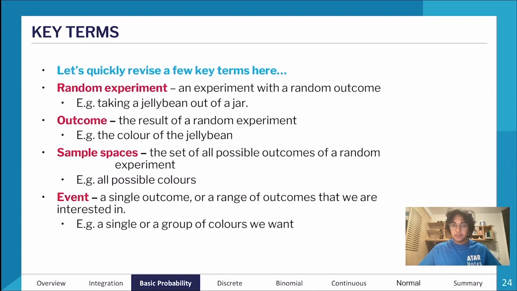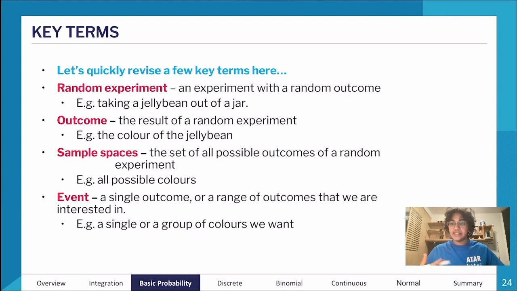Sample space is every possible outcome of a random experiment. So maybe in my bag of socks, I have socks that are colored red, blue, and green. The sample space would be pulling out a red sock, a blue sock, or a green sock.